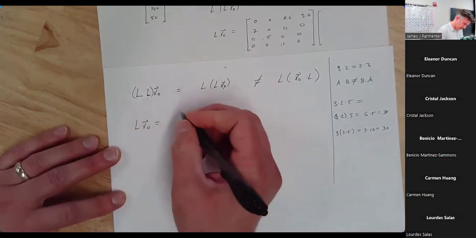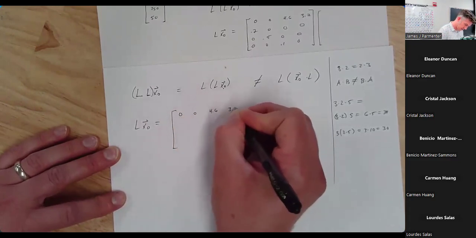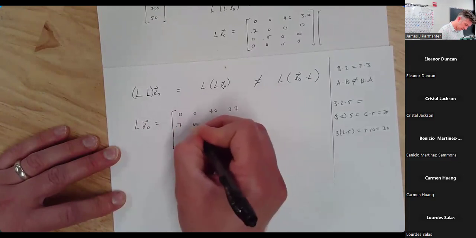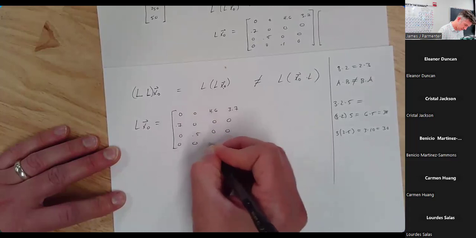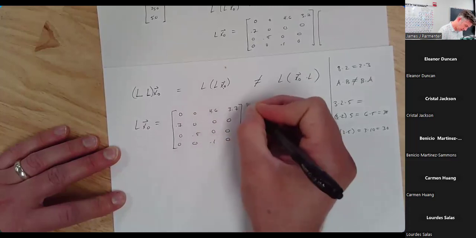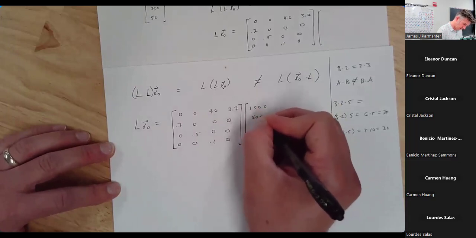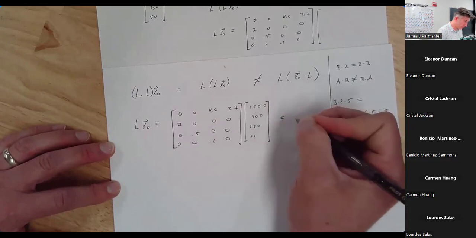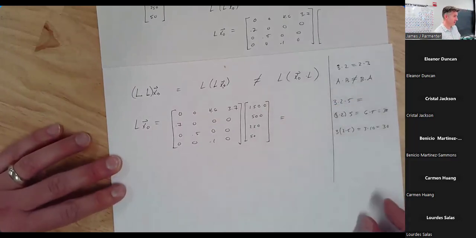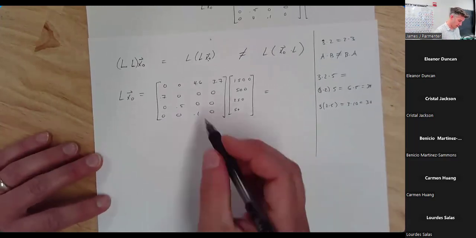So L times x naught, which I was writing up there and then kind of ran out of room. Here's the matrix. We're going to multiply this by the initial population vector, which is 1500, 500, 250, 50. I should also mention, I did post a handout on Leslie matrices with solutions as well. I think it's well worth looking at if you have more questions about Leslie matrices.